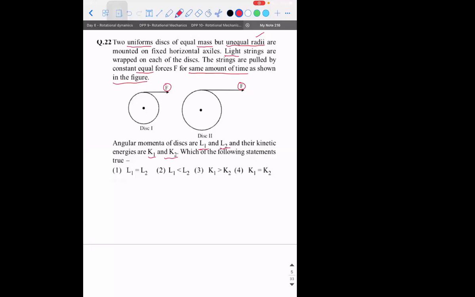Okay, let's logically recollect. Mathematically, L1 and L2, that is the angular momentum, is dependent on what physical quantities? For us to find angular momentum, we need to know I and omega, right? L is equal to I omega. Similarly, for us to find kinetic energy, we need to know I and omega, half I omega square or L square divided by 2I. Both are going to give us the answer. Both are the same. So depending on the question, if angular momentum is given, then you can use L square by 2I or else half I omega square.